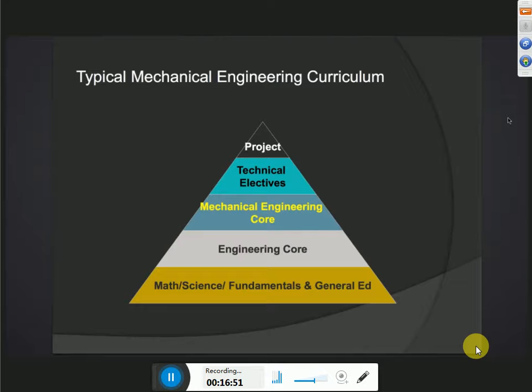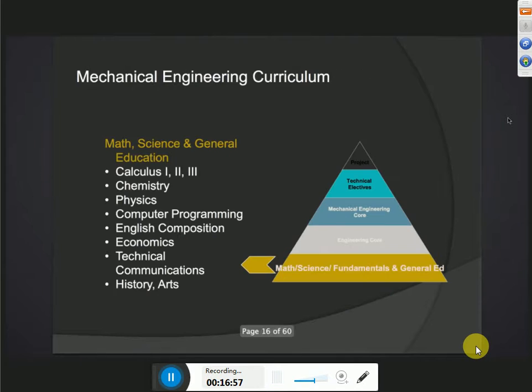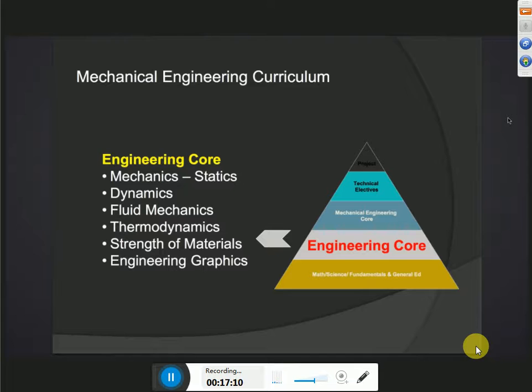I think this is common for many universities. Under each one of those, on the next slides, you'll see some classes. So again, probably all of them may not be taught at your college, but most of those are common. Go to the next slide.